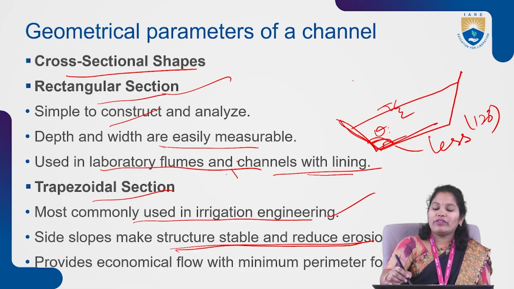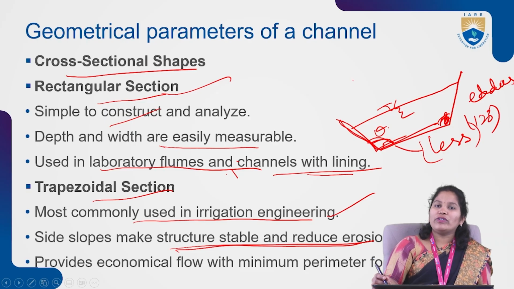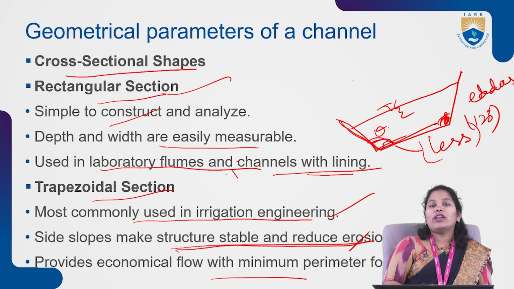When you use a 120 degree angle trapezoidal channel, the erosion and eddy formation at this corner are less, so the flow we see is carried to the other end. The energy loss, the head loss, is also very little compared with other channels, it reduces erosion, and it provides economical flow with minimum perimeter for a given area. It is minimum perimeter for a given area.